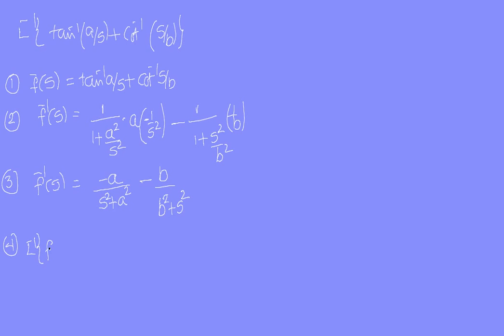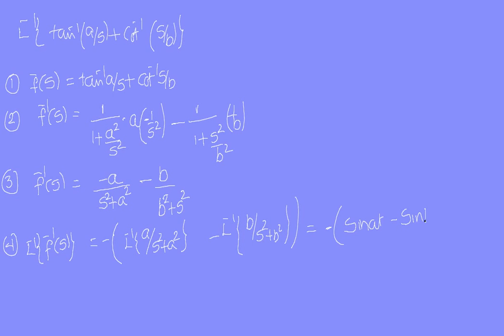L inverse of f dash of s is equal to minus L inverse of a by s square plus a square, similarly minus L inverse of b by s square plus b square. So this is nothing but minus sin at minus sin bt.